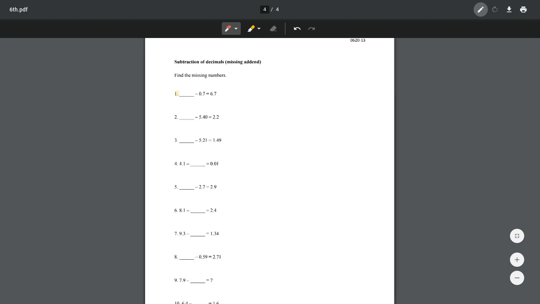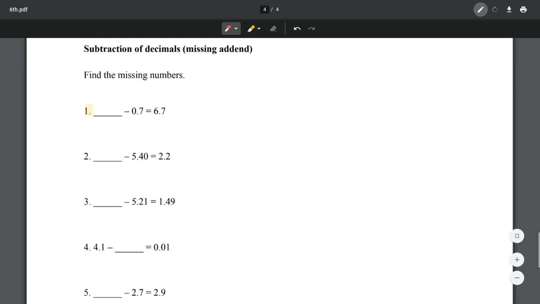We will be doing subtraction of decimals this time. And again, just the same concept, in order to find the missing addend. If we are doing subtraction, we're going to have to use addition to find that missing number. So we are going to add 0.7 to our total.